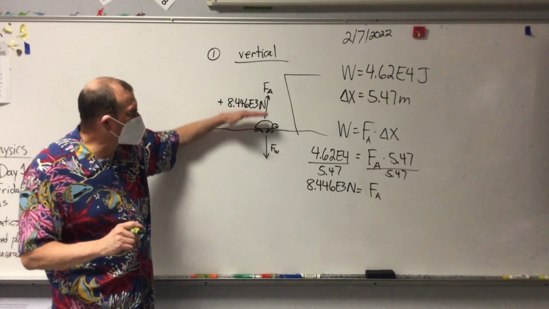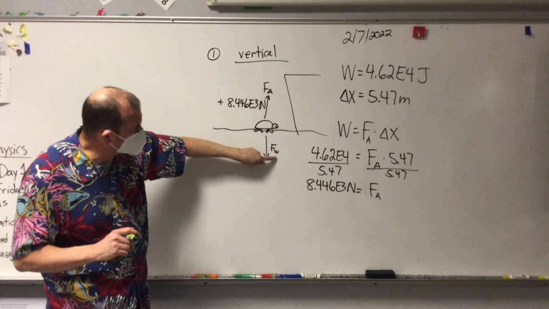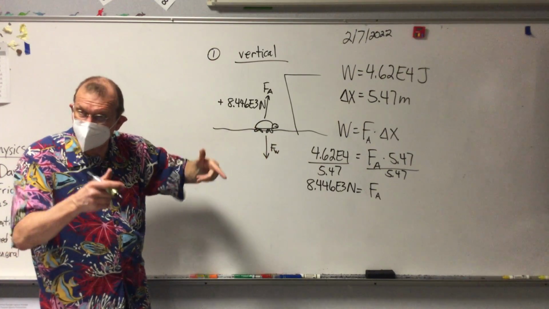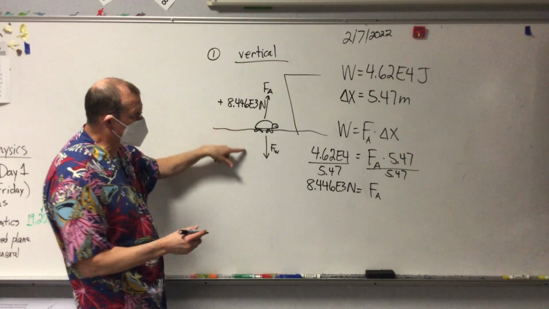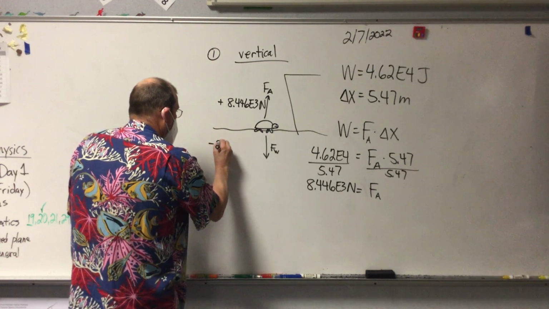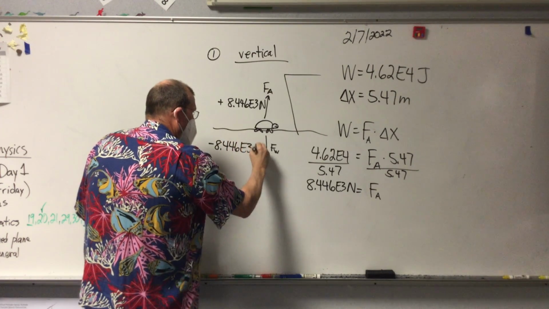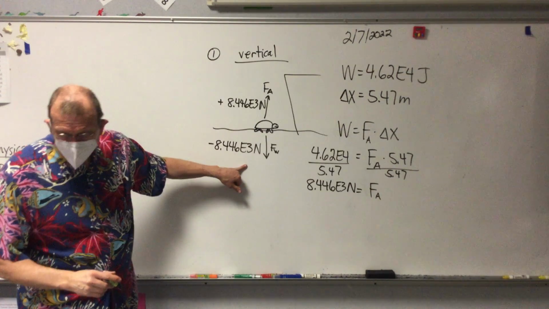What was special if we're lifting or lowering something at constant velocity? What does that mean about the relationship between the FA and the FW? They're the same. They're equal but opposite. So if I know this here, what does that mean this is going to have to be? Negative 8.446 E3. Okay? So this is our FW.